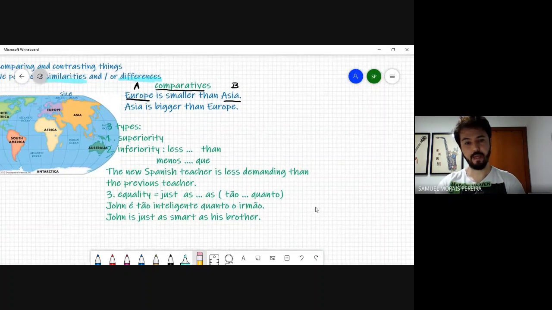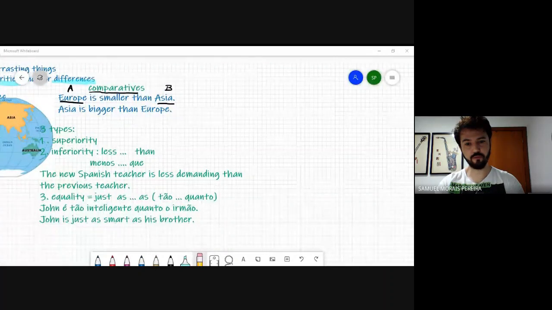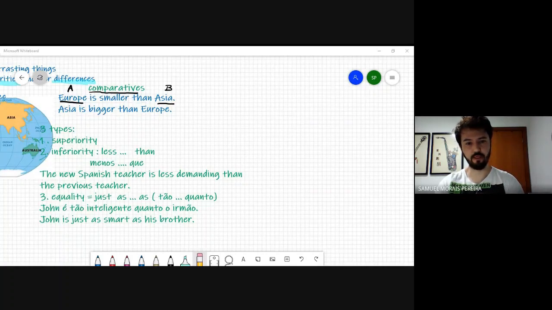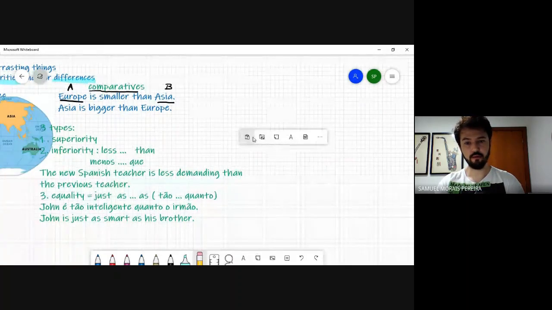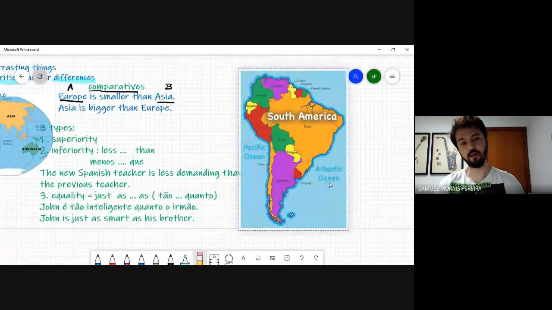Now, pay attention to this other picture I'm gonna show you now, okay? Just a moment, I am gonna show you the picture now, okay? Take a look at this other picture. This is the map of South America.